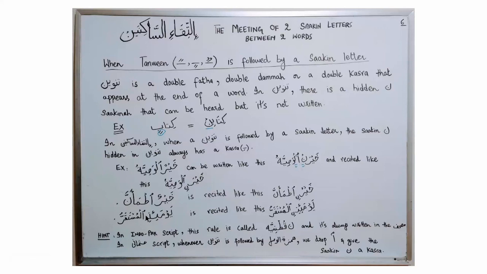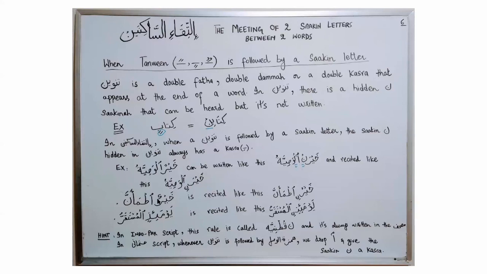So you will give sakin letter noon a kasra, and you will join it with the letter which is coming after Hamzatul Wasl. This shows that this rule can occur in all three types of tanween, fathatain, dhammatain, kasratain, and in all those cases, the noon sakina of the tanween will be read with kasra.